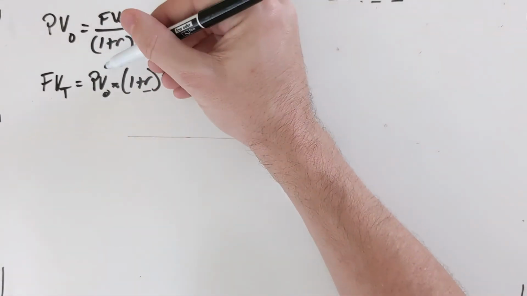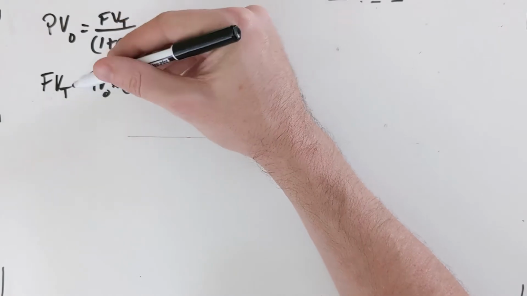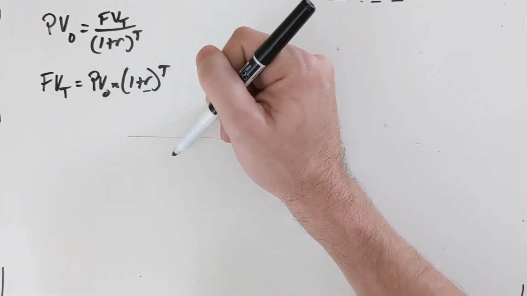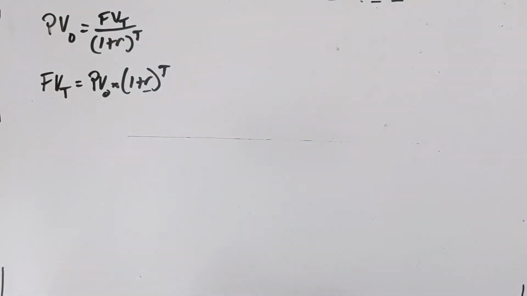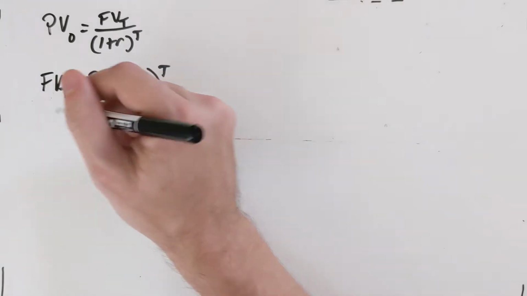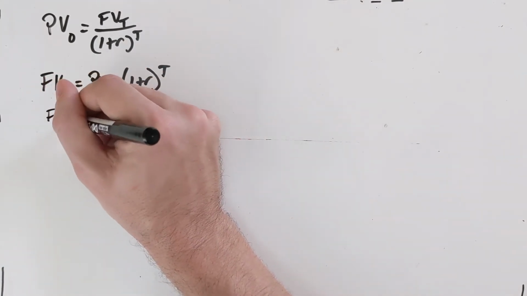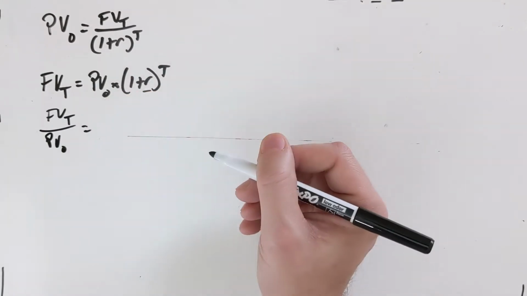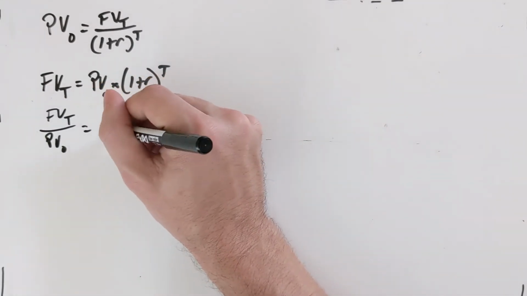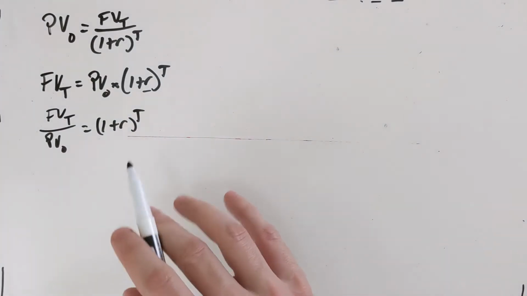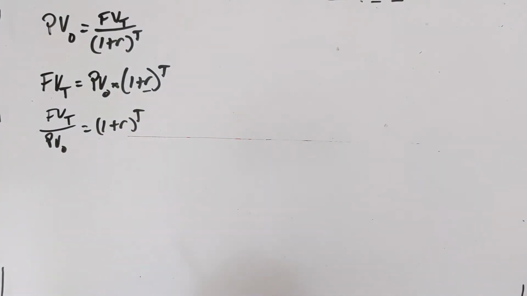So I need to get this present value on the other side, then I need to get the T on the other side, and then I need to get the 1 on the other side. Now, the first step's easy. I can move the present value over by simply dividing both sides by the present value at time 0.